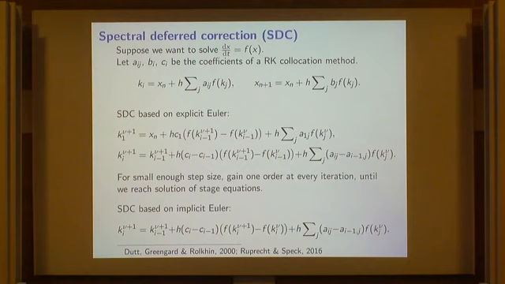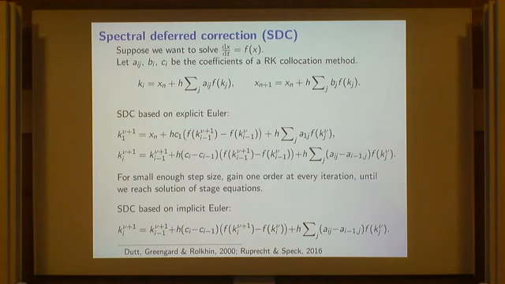Now, how spectral deferred correction works, it's basically this formula. It's a method for solving the stage equations iteratively.